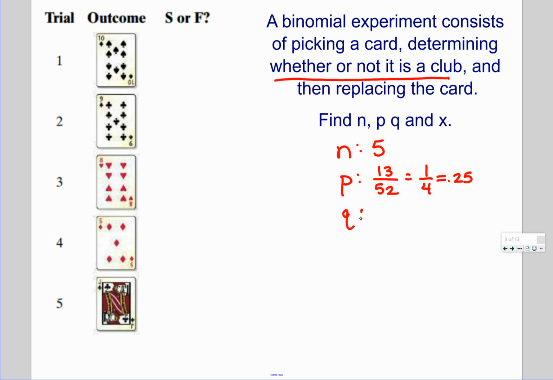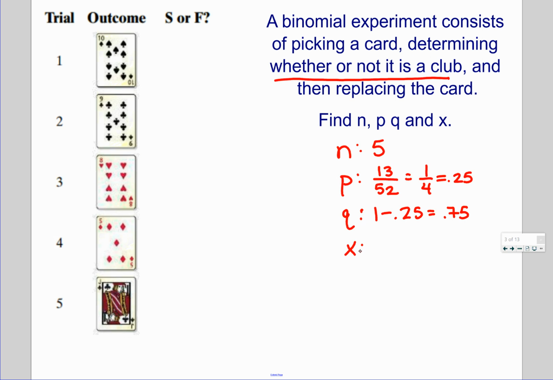Q is going to be your probability of failure. So if P is 0.25, to get Q, all you have to do is 1 minus it, its complement, 0.75. And the only other thing we don't have here is X, and that's where we actually have to look at these trials that have happened on the side. So X is the number of successes. The first card drawn was a 10 of spades.